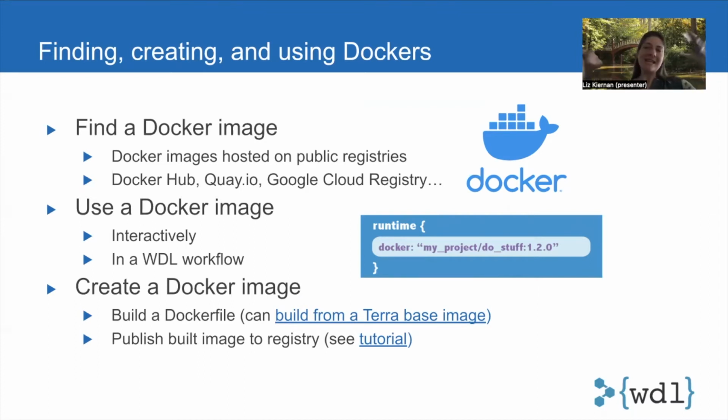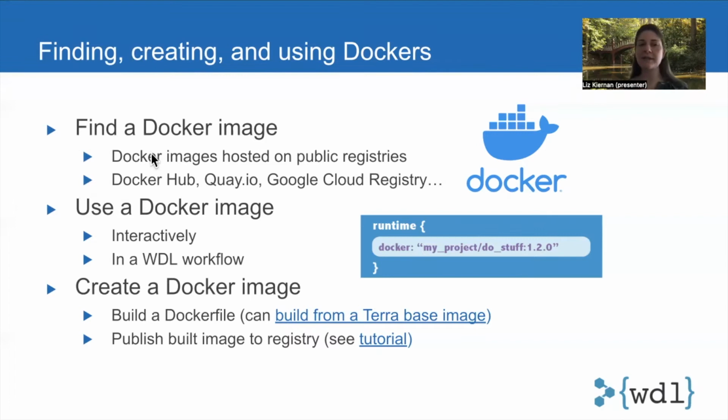Dockers kind of take these problems out of the equation because it literally contains the exact software and all those dependencies like Java that your colleagues are using. And these Dockers, these portable packages, can live in different public cloud repositories and private repositories. But a few of the public ones that you'll commonly see are Docker Hub, Quay, and Google Cloud Registry.